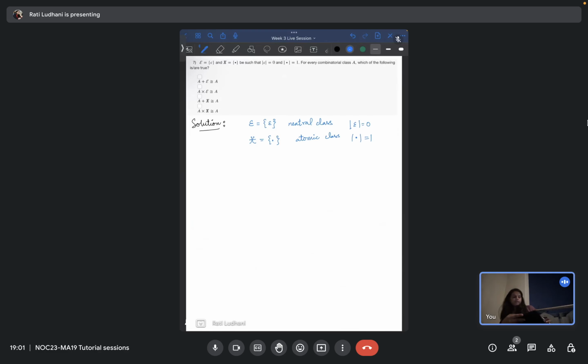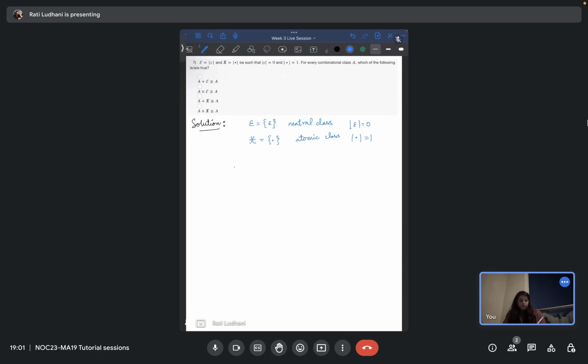Okay, so this is the usual terminology. So for every combinatorial class, which of the following is true? Now what is happening is we are doing sums and multiplication on the classes.